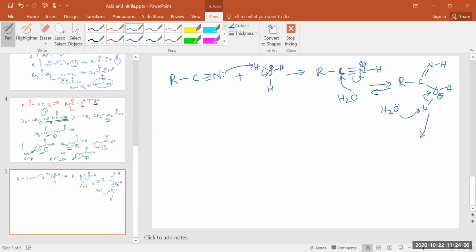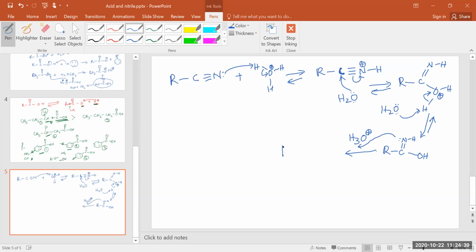And remember these reactions are reversible. So here, and then you will have RC=NH. As these reactions are reversible, this nitrogen will be protonated again under acidic condition.